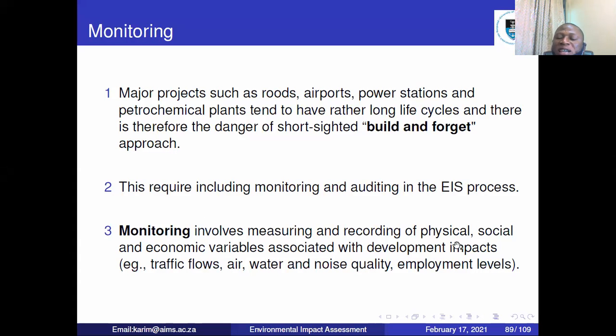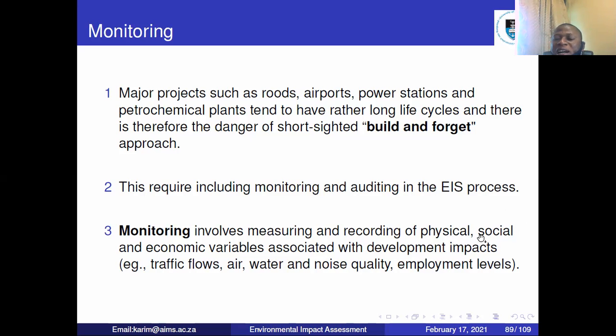All the physical indicators, you have to measure them. How are the buildings deteriorating? If you have roads, airports, power stations, in terms of the atmosphere, how is the temperature of the area changing because of this project? The dust in the environment, how is it changing? How are these projects physically affecting the environment? The trees, how are they because of the presence of the project?